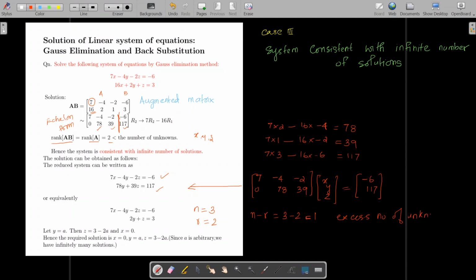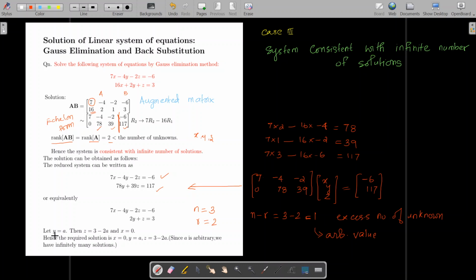Now to this excess number of unknowns, we assign an arbitrary value, and back substitution is the method. We start from the last equation. In the last equation there are two variables y and z. For y or z we substitute this arbitrary value.